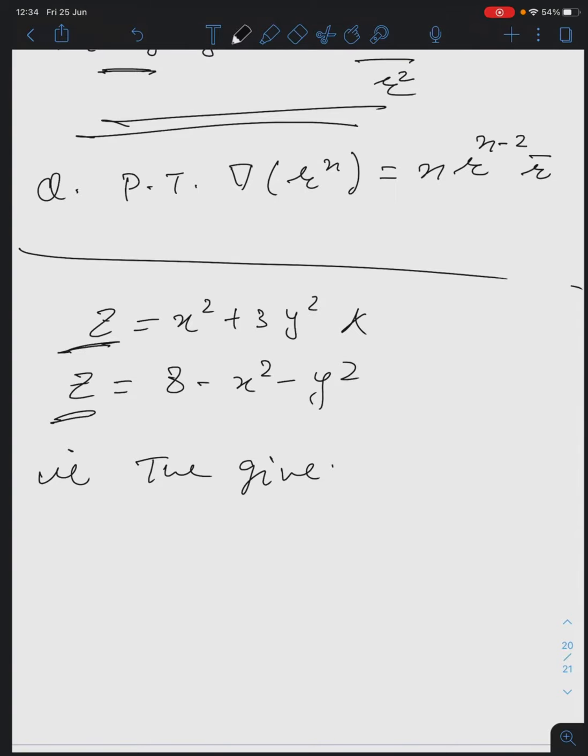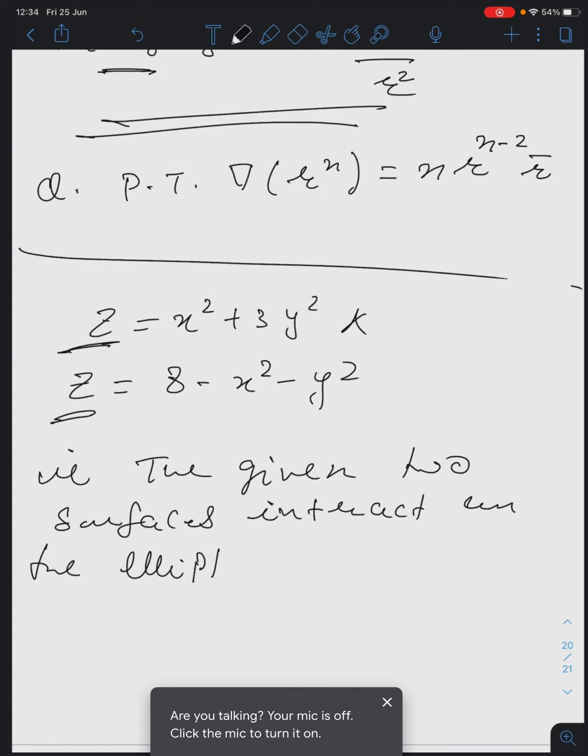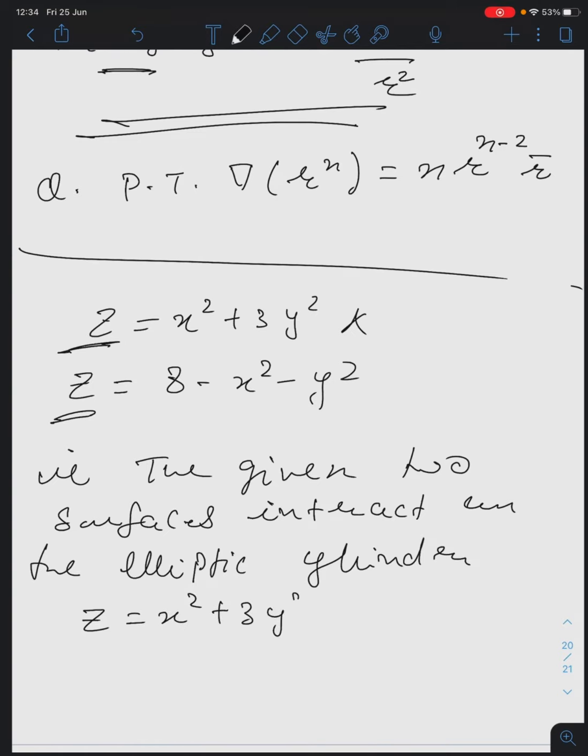Let me write the statement also. The given two surfaces intersect on the elliptic cylinder, that is z is equal to x square plus 3y square, which is equal to z, and again equal to 8 minus x square minus y square.